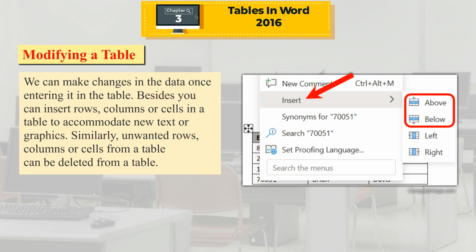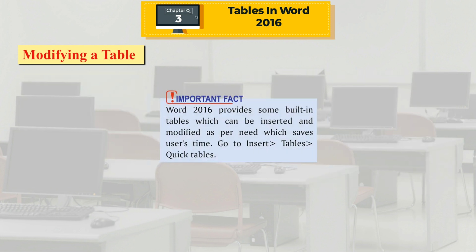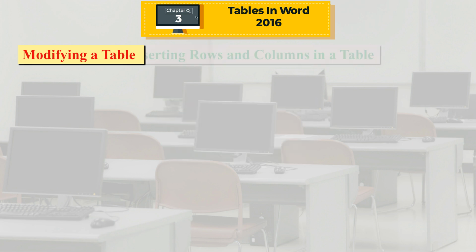Similarly, unwanted rows, columns, or cells from a table can be deleted from a table. Important fact: Word 2016 provides some built-in tables which can be inserted and modified as per need, which saves users time. Go to Insert, Tables, Quick Tables.